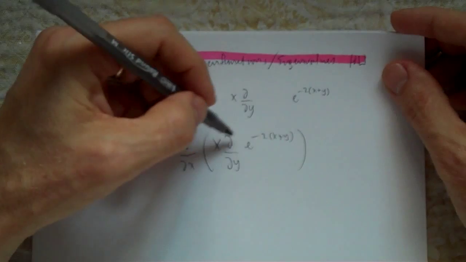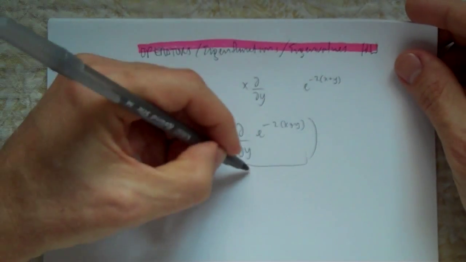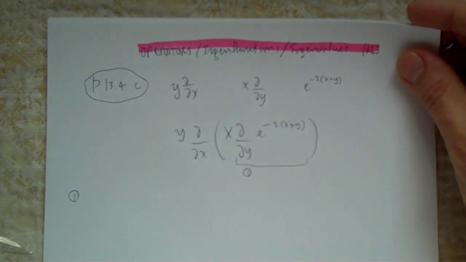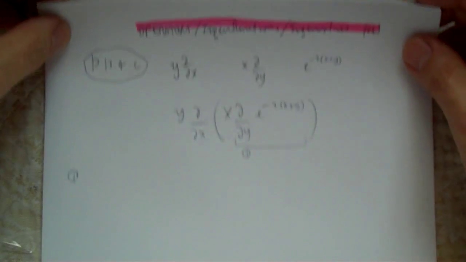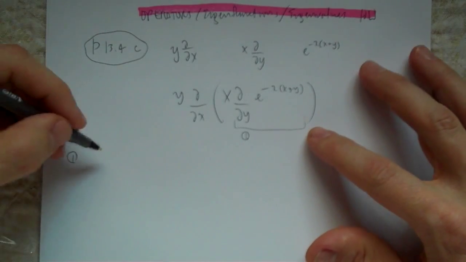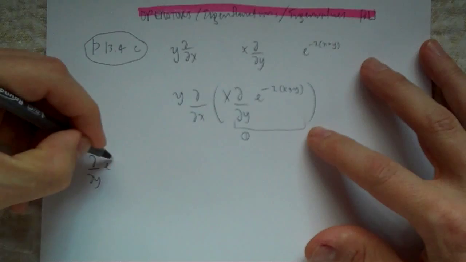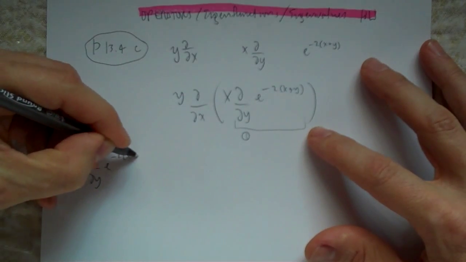Okay. So first of all, I'm going to start out with this thing here. You always have to judge what's the best way to keep your work clean, because if you're not careful, it's going to be easy to get lost. So let's do this. d/dy e to the minus 2x plus y.